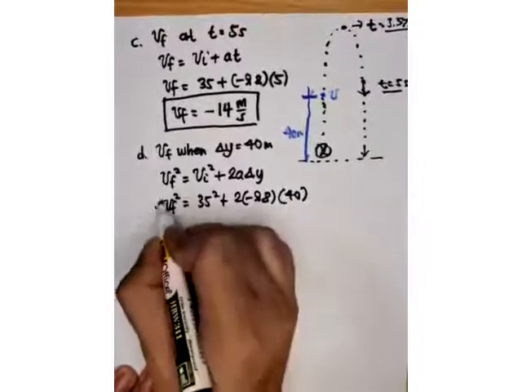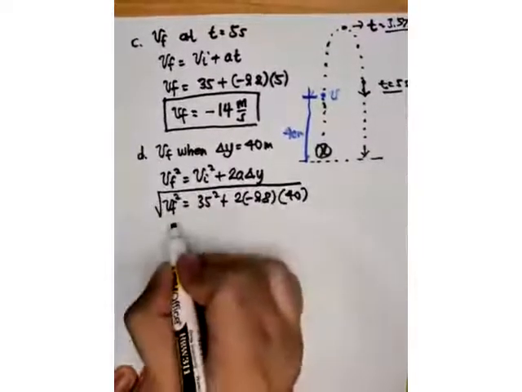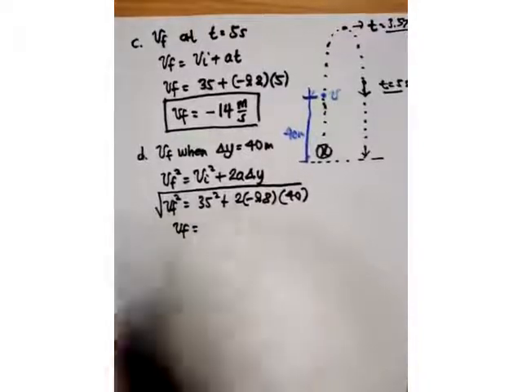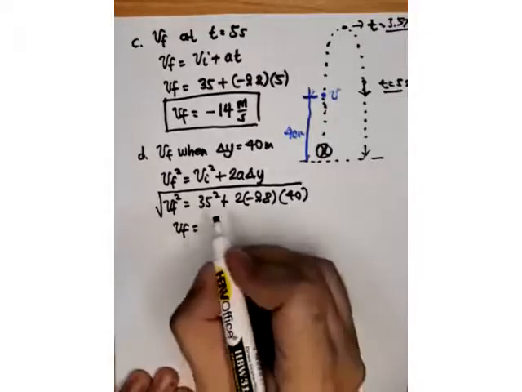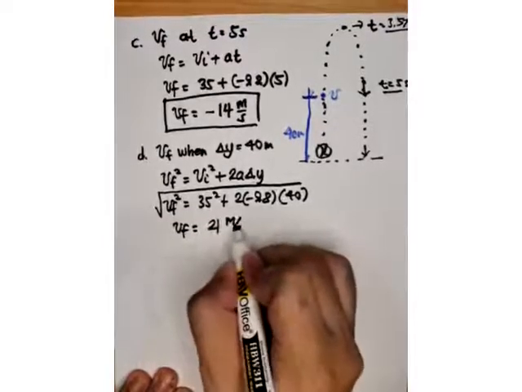And then we square both sides. So what's our V final? Okay, 21 meters per second.